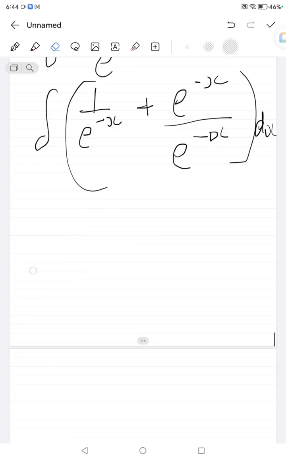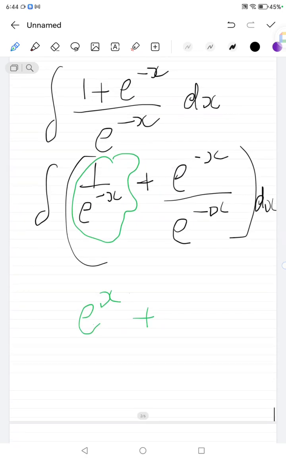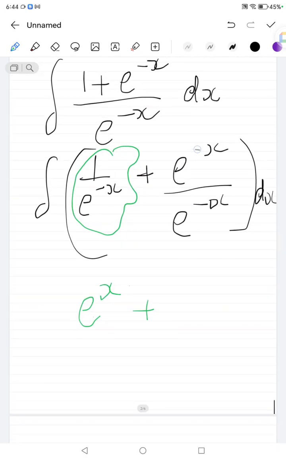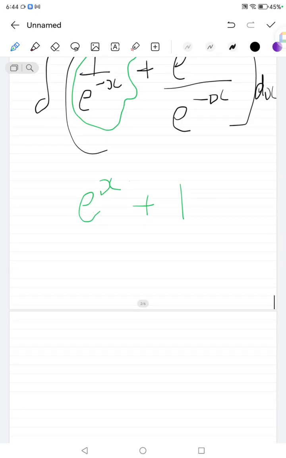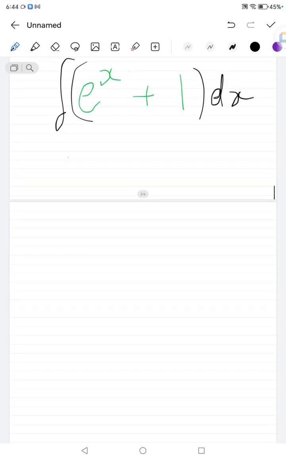Hence, with this one, the first part that you see here, you're going to be having your e to the exponent x plus this one, which is e to the exponent minus x over e to the exponent minus x. This one is going to be 1. So now it means you're going to be having that. Then you have your dx. Then this one, you also know that you can do them separately.